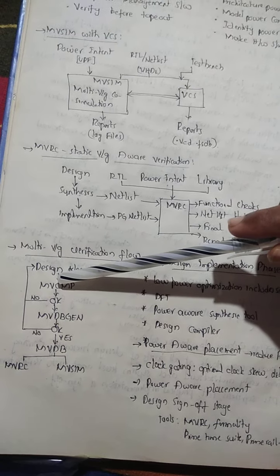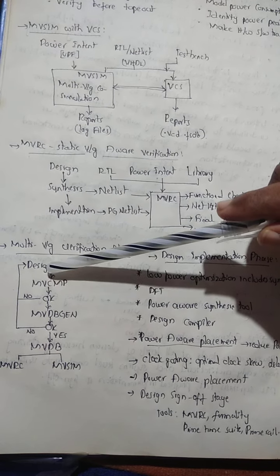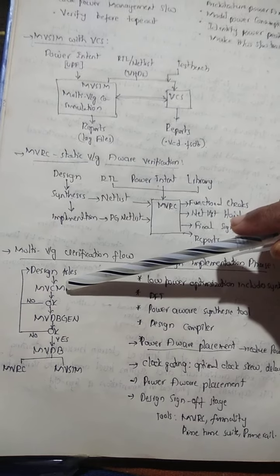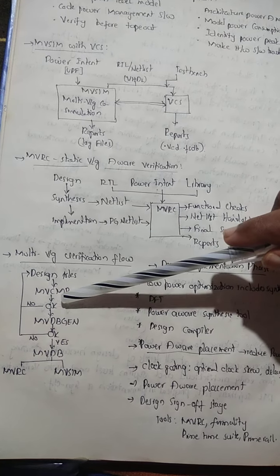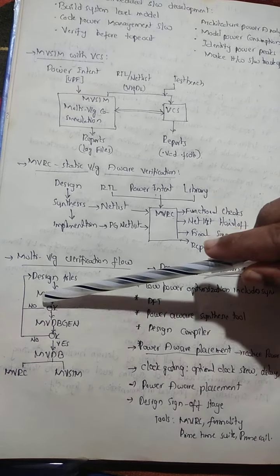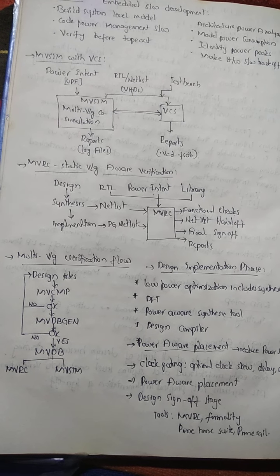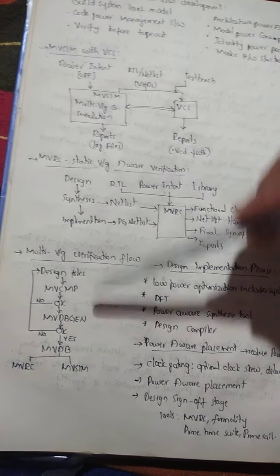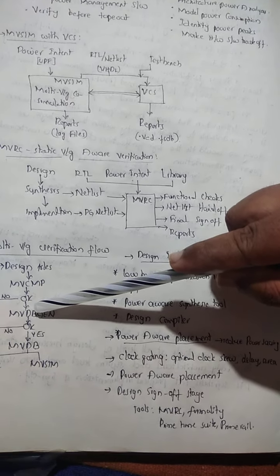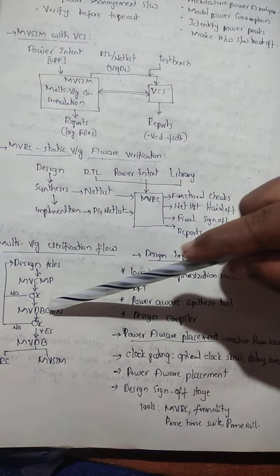It checks the reports under synthesis, the schematic errors, each and everything. If it is okay, it directly enters into the next stage, otherwise it goes back. When it is yes, it enters into the multi-voltage database generator, MVDBGN, that is multi-voltage database generation.